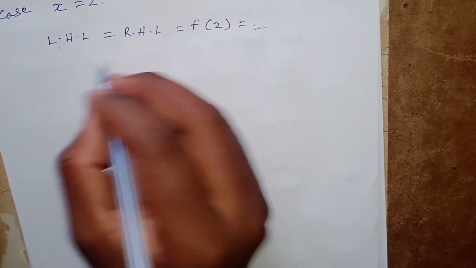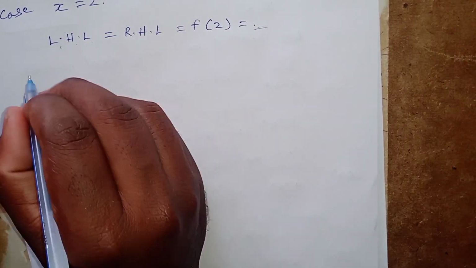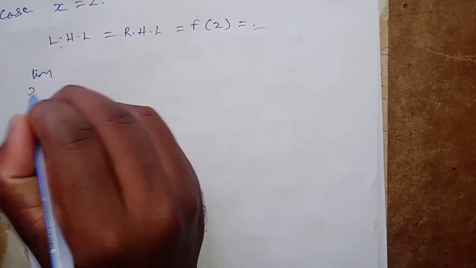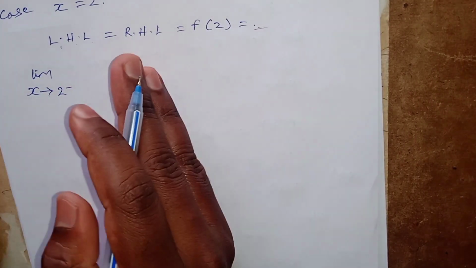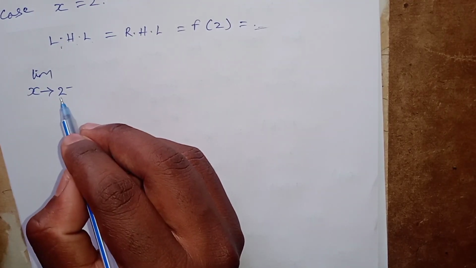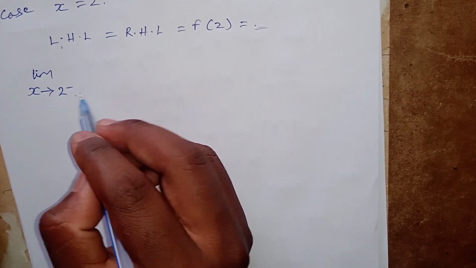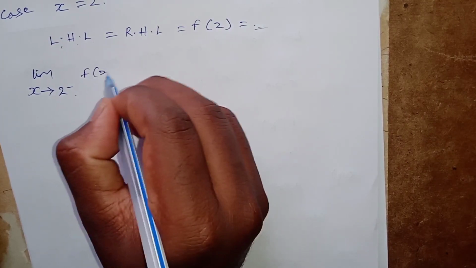Okay, let us check. Here left hand limit, limit x tends to 2 minus, minus in the sense less than 2, you have to take 1.9, 1.8, f of x.